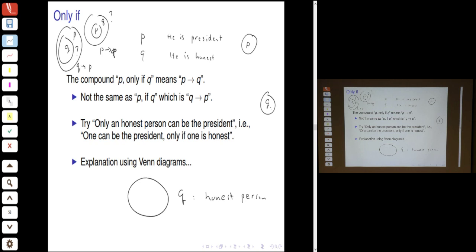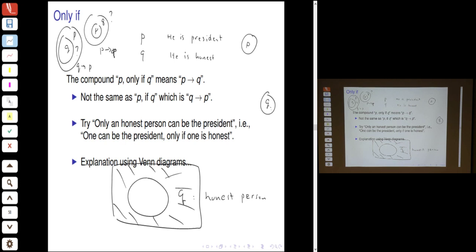So here are all the human beings. If you are in the shaded area, you have no chance, because only the people being honest have a chance. So if you are outside the honest circle, you have no chance, right?